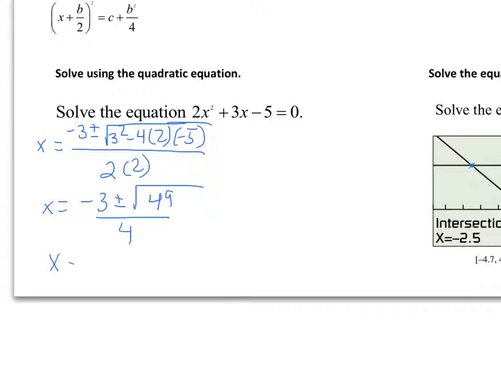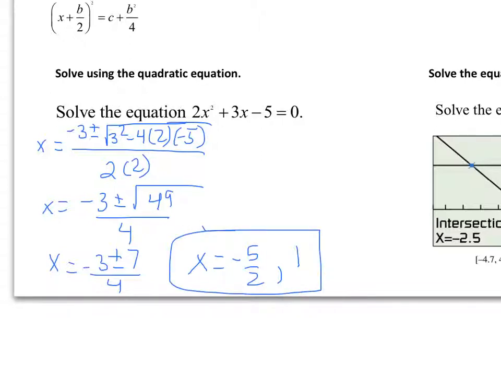So you get x equals negative 3 plus or minus 7, divided by 4. So you get x equals negative 5 over 2 or 1. That was some quick mental math there. Please double check, make sure I cranked that out correctly.